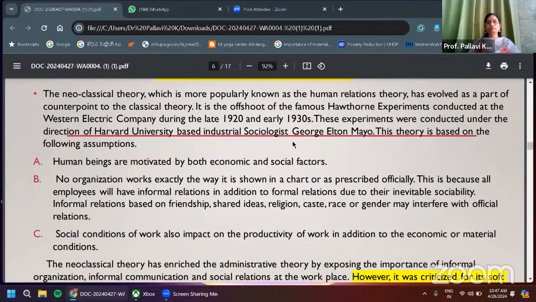For example, when you go to college or any organization, what happens? Now you see the strikes by buses or autos. Suppose the employees are not satisfied, what do they do? They go on strike. Is the strike official? No, it is not official.